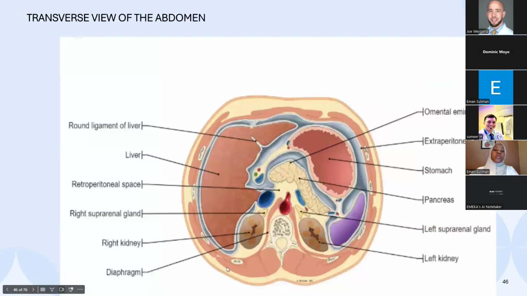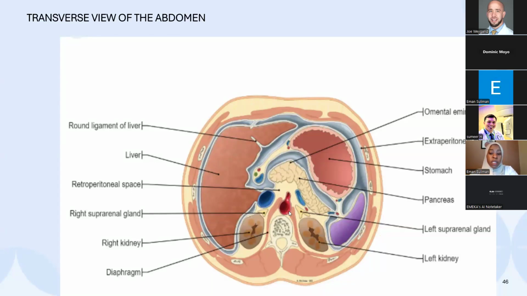Yes, and this is a transverse view of the abdomen. This is the right side, and this is the left side. On the right side, we have the liver, and on the left side here, we have the stomach. This is the level of the first lumbar vertebra because we can see the pancreas, and the pancreas has the head, neck, and the tail.